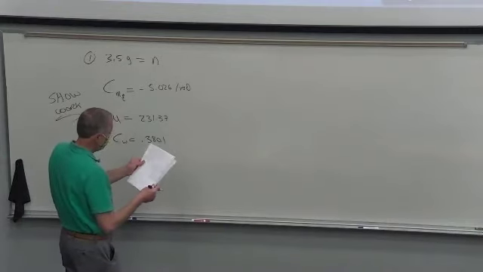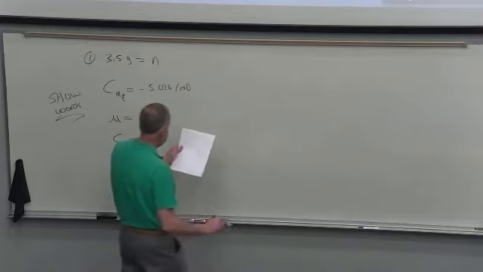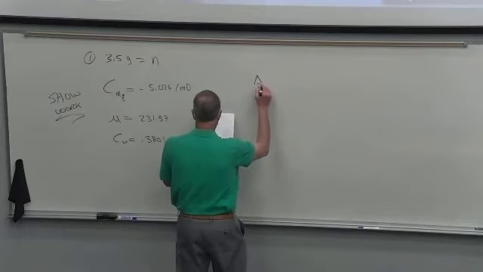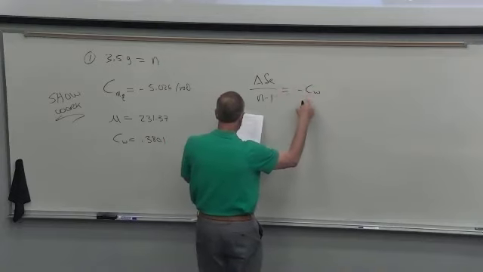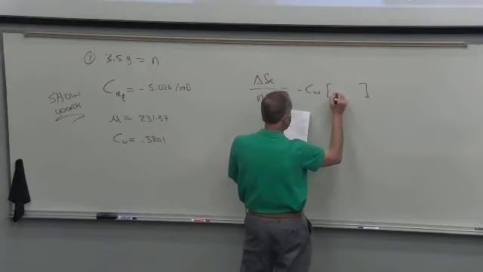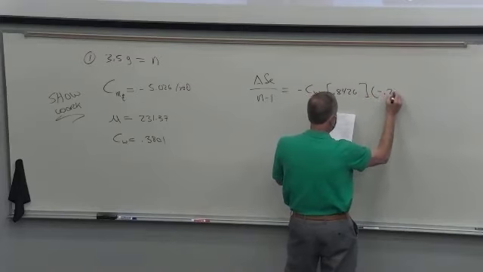The delta E is a long formula, so I'm going to give you the intermediate answers. CW goes here, and then there's the stuff in the brackets. You should get that. And the stuff in the parentheses.